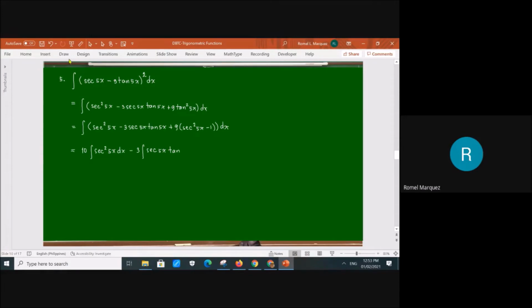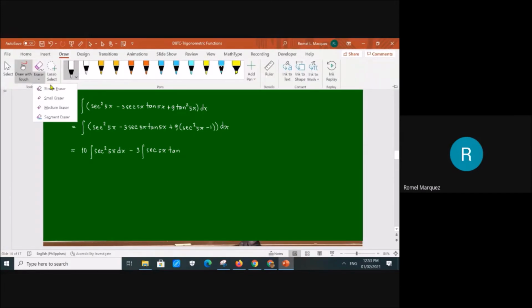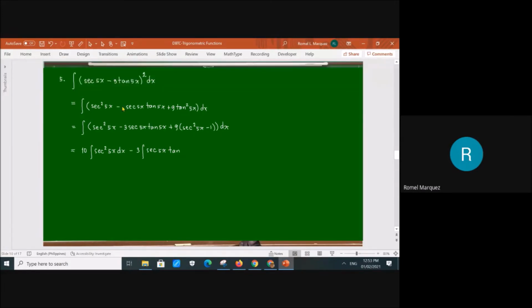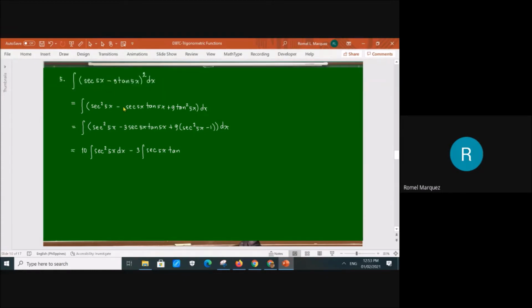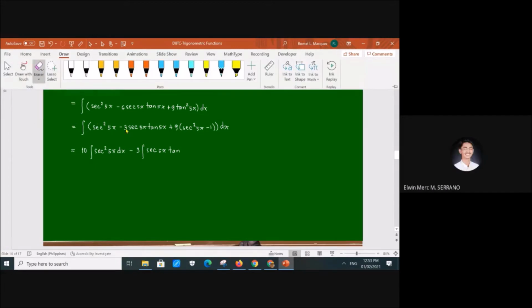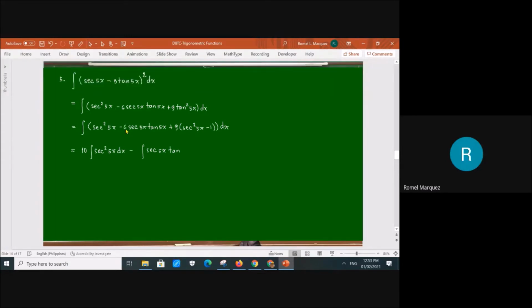I think I made a mistake in the expansion. No one has noticed. This is supposed to be 6, times 2, twice the product. Am I right, guys? Buti napansin ko.